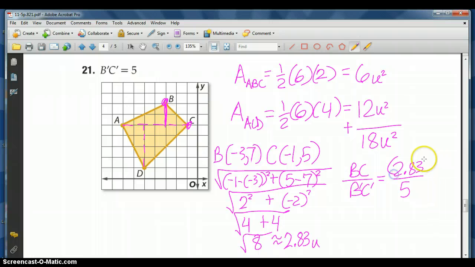So instead of actually squaring this value, remember that 2.83 is equal to the square root of 8. So when we square that, we just get 8. And 5 squared is 25. Now we have our ratio of areas.